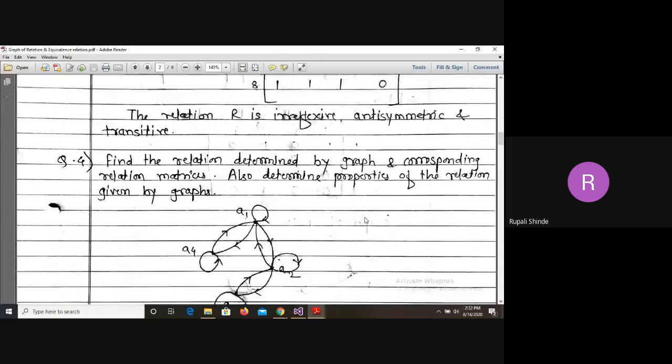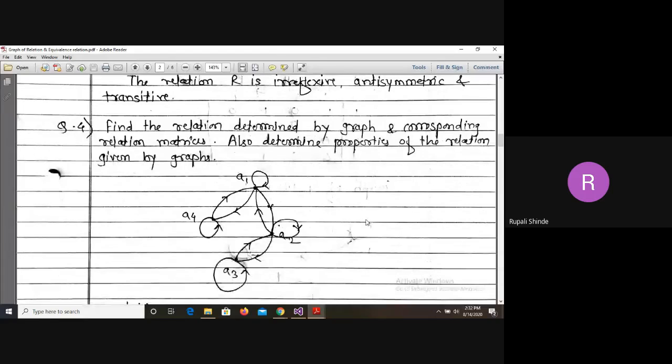Next question. Find the relation determined by the graph and the corresponding relation matrices. Also determine the properties of the relation given by the graph.